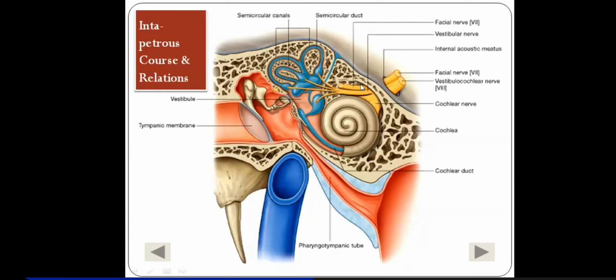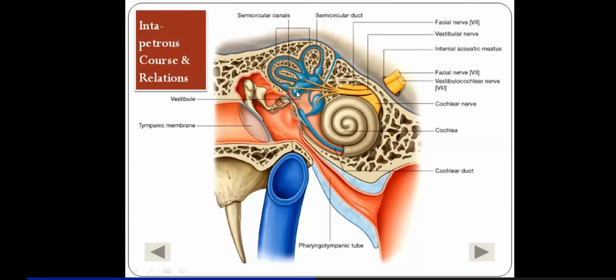Then this is the facial nerve. Now we'll talk about the facial nerve while reaching the fundus. Further in its course it will be called the facial canal. After reaching the fundus, the course of the facial nerve is described as running in the facial canal in the petrous temporal bone.